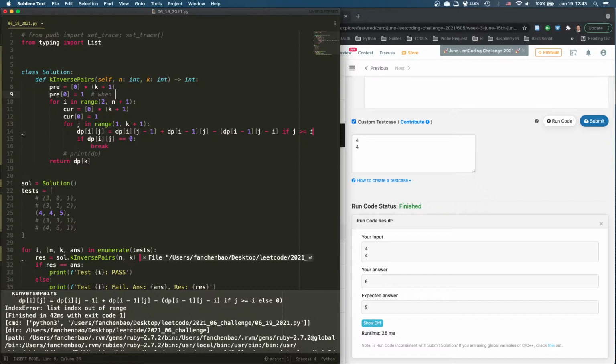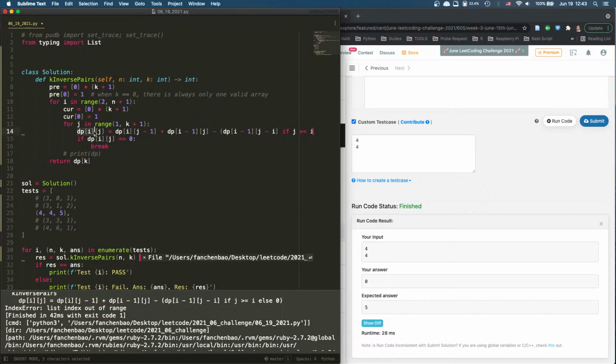When k is 0, there is always only one valid array. All right, so simply that. So this is the same, and then the change.